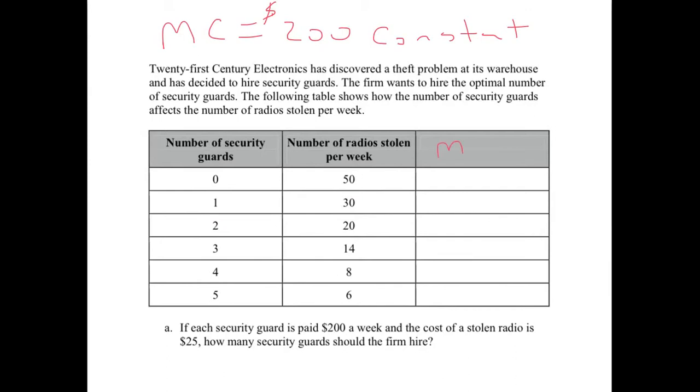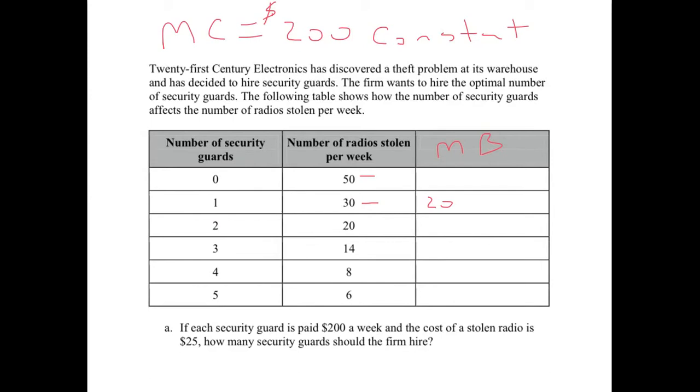What is the marginal benefit of a security guard? Well, the benefit of hiring a security guard comes in terms of fewer stolen radios. The first security guard reduces the number of stolen radios from 50 to 30. A savings of 20 radios, 20 fewer stolen radios. Well, in dollar terms, what does that mean to the firm?